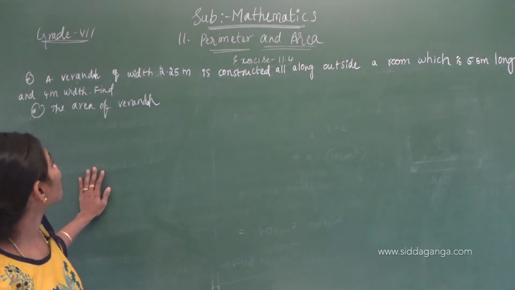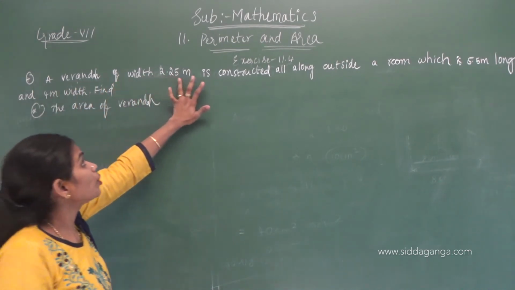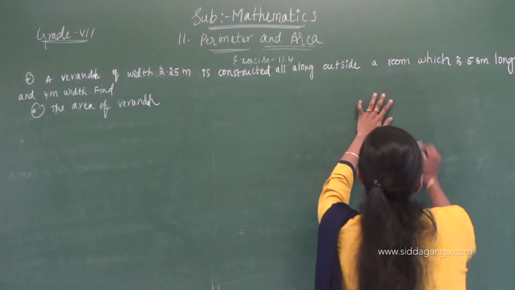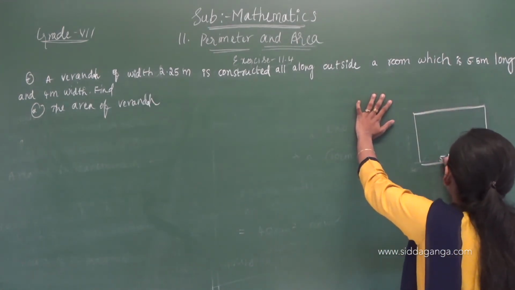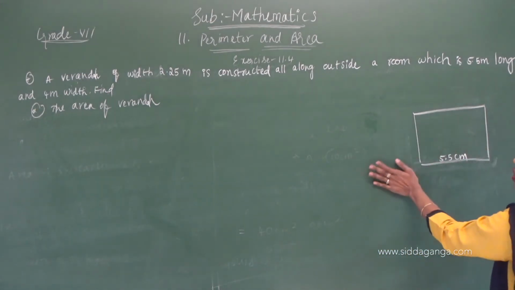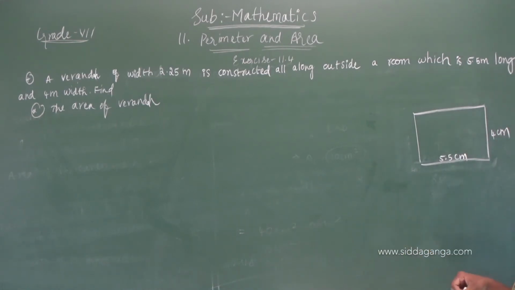Okay, see what these questions are telling: a veranda of width 2.25 meters is constructed all around outside of a room. One rectangular room is there with 5.5 meters as length and 4 meters as breadth. Breadth is nothing but width.